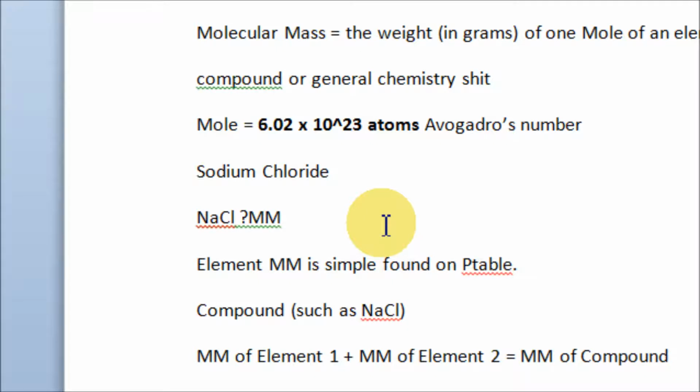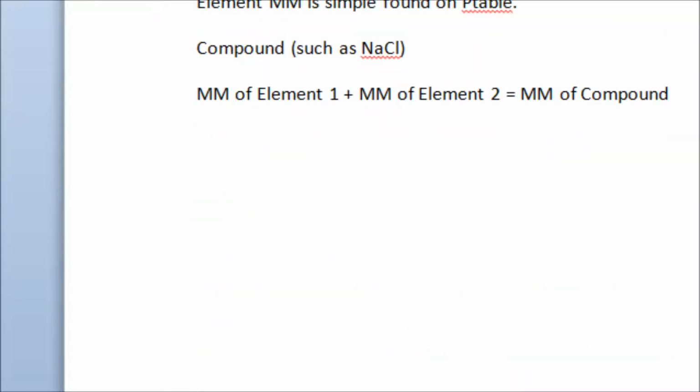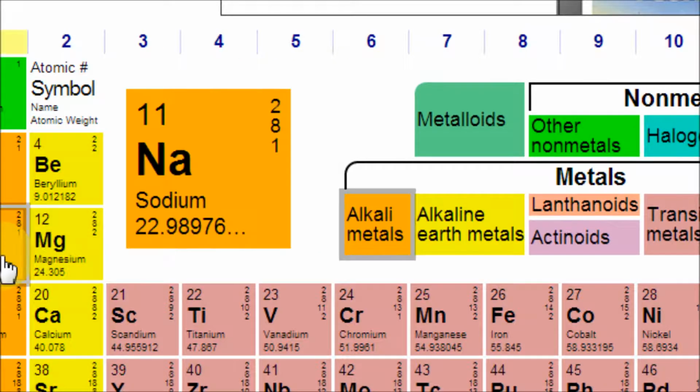So molecular mass is a very simple subject. So let's go back to NaCl. What's the molecular mass? Well, we have to find the molecular mass of Na, and add it to the molecular mass of Cl to get the molecular mass of NaCl. And you find this right here and this from the periodic table. So let's do that. Sodium, molecular mass 22.98976.